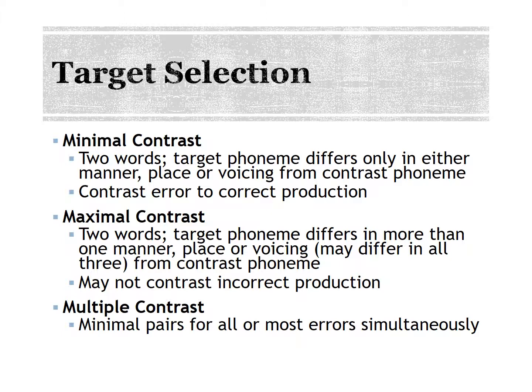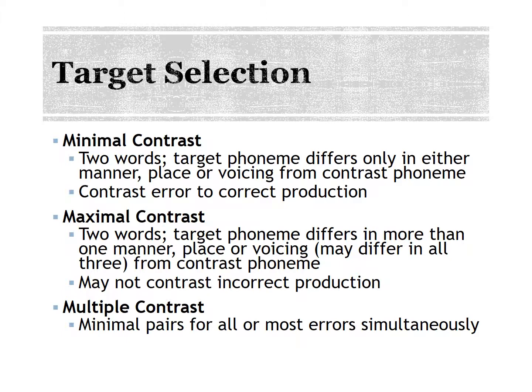Another way to think about this is that while one word is the target or correct production, and the other word is the comparison, in this approach, the child's errors are not used for comparison. Rather, a sound the child can correctly produce that is maximally different from the error sound is used for comparison within the word.